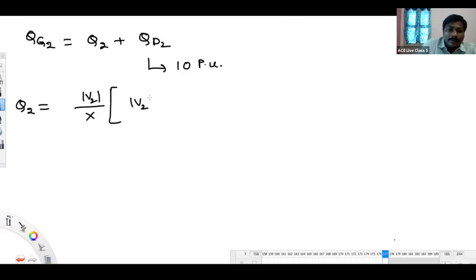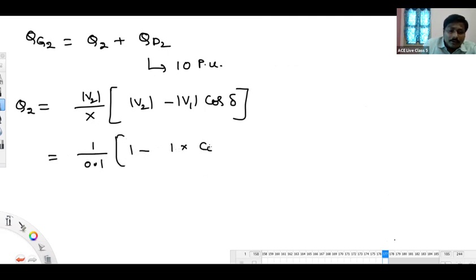Mod V2 is your reference, we keep it as it is. V1 is replaced with V1 cos delta. So what is the V2 number? 1. X value 0.1. So you get here 1 minus 1 into cos minus 30 degrees. So I think you get this value also 1.34 per unit.